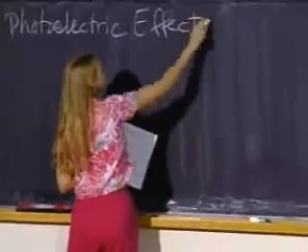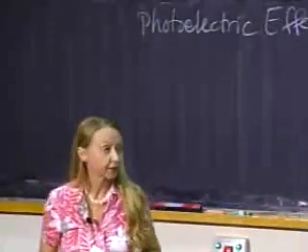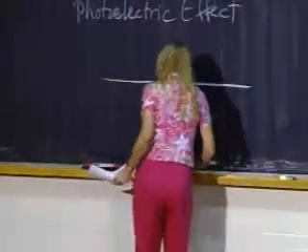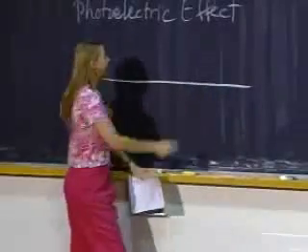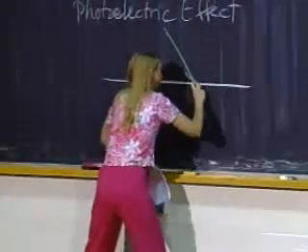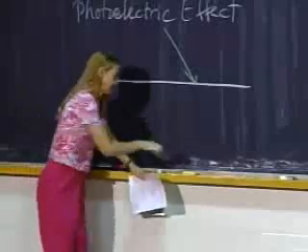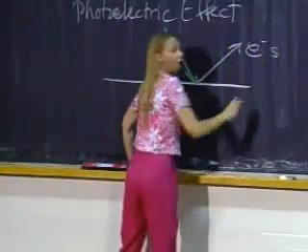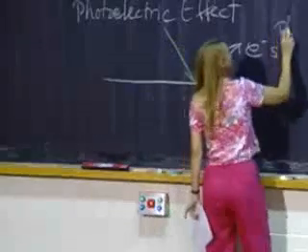So shortly after Thomson discovered the electron, scientists were noticing that if you took a metal and you shined radiation on that metal, that indeed electrons were emitted. Electrons came off, and these were called photoelectrons.